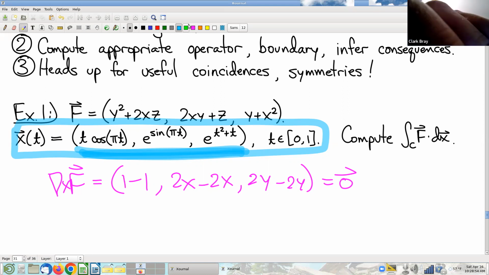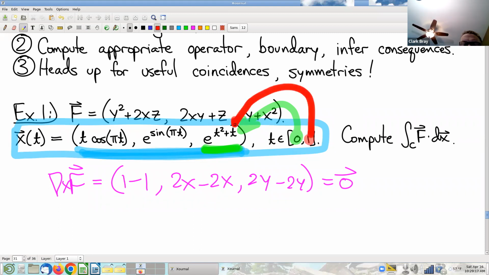And I suppose different people have different preferences on how to most conveniently see this. But I like to just note, okay, all right, well, when I plug in t equals 0, that third coordinate there clearly starts at e to the power of 0, namely 1. And where this curve ends, that third coordinate is going to be e to the power of 2, which is not 1.